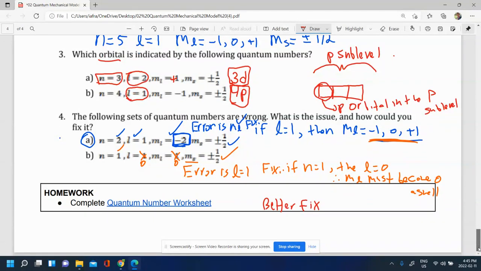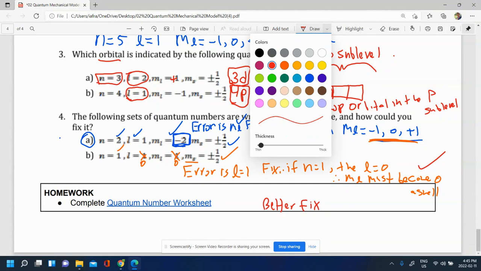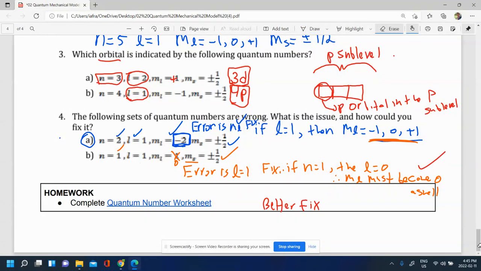But a better fix here, so you're not changing too much, try to do just a one-time fix. So let's say if you take 2 fixes, that's a level 3. If you do a 1 fix approach, that's a level 4. So let me retry this with a 1 fix approach here.